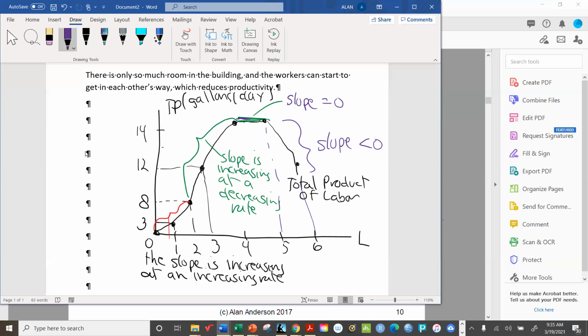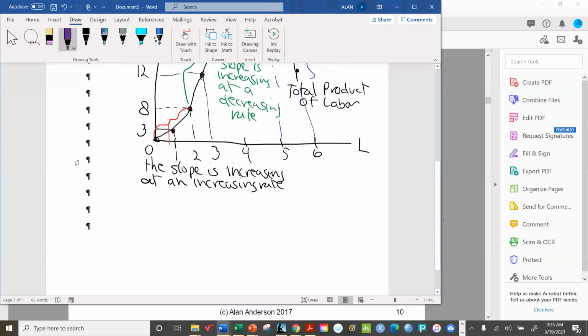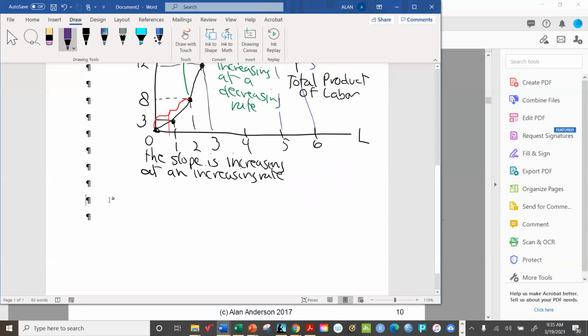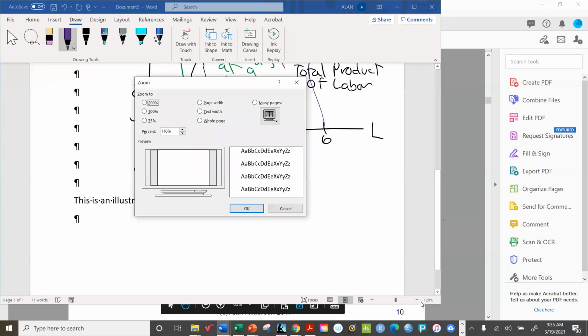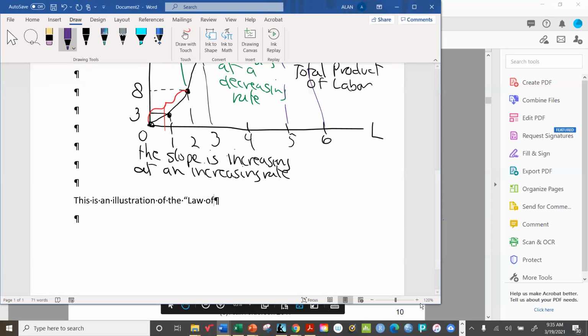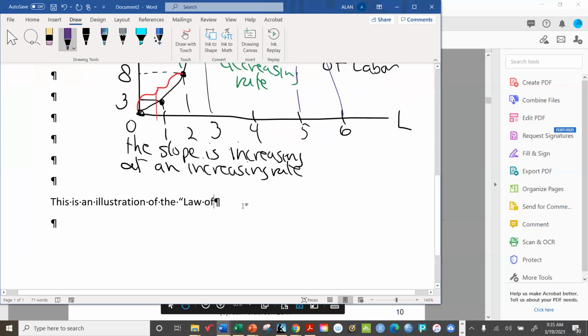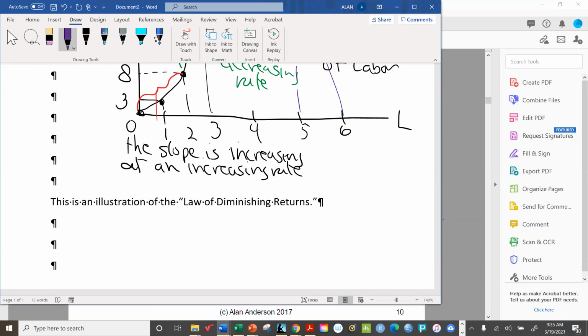What we're seeing here is an illustration of what's called the law of diminishing returns. Okay, the law of diminishing returns is what we're seeing here.